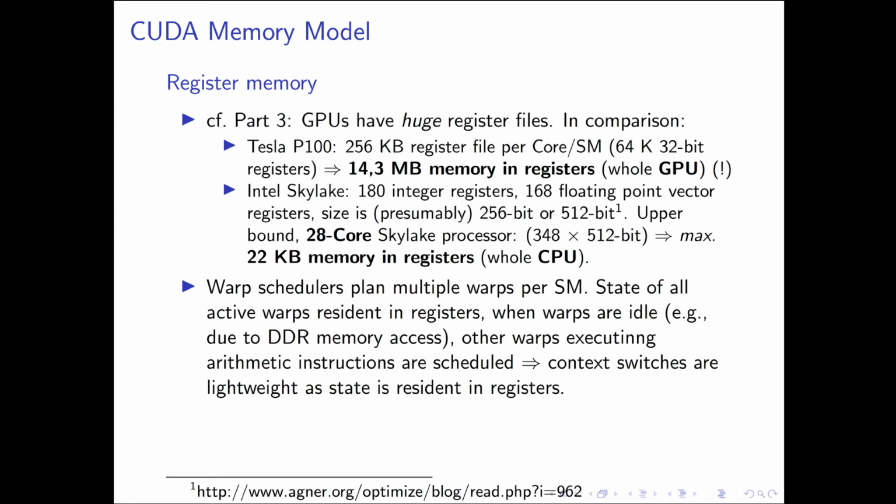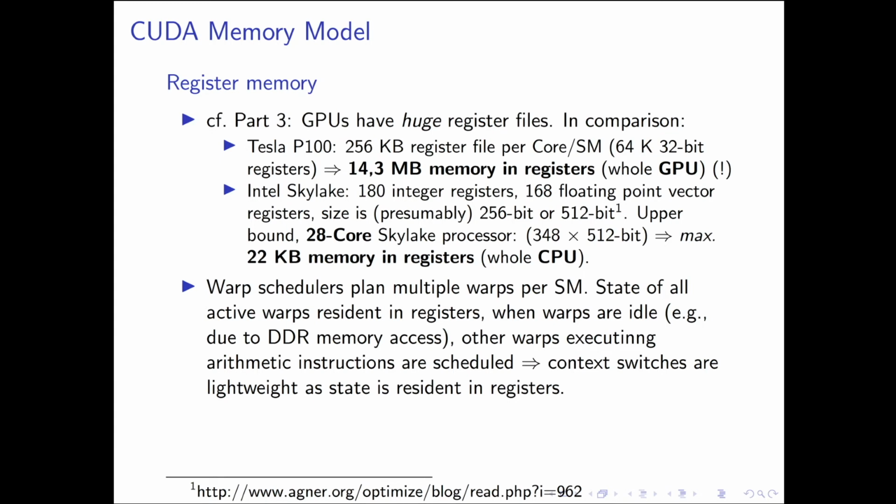And then I compared that to the most efficient CPU at that time, which was a 28-core Skylake processor. I had to extrapolate a bit: I could find out how many registers this architecture used, but it's not documented whether those are 256-bit registers or 512-bit registers.